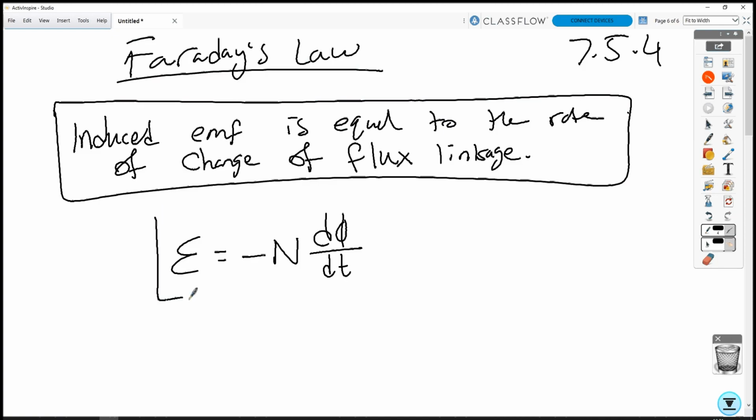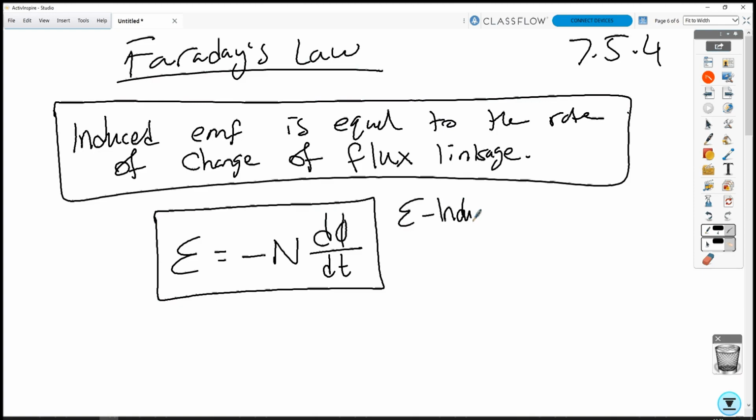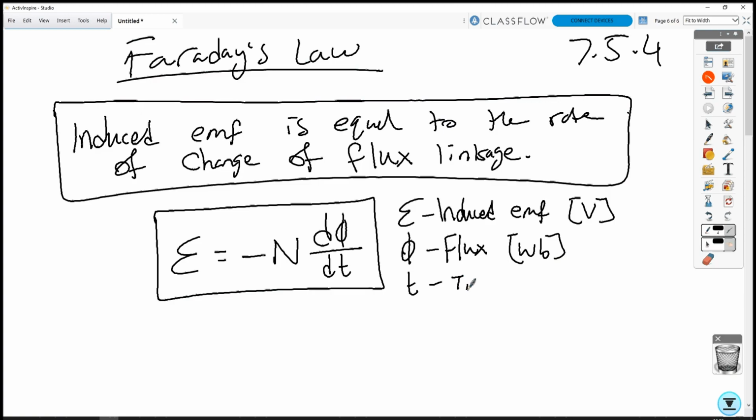So it's minus n d phi by dt. So epsilon is our induced EMF, measured in volts, and phi is flux in Webers, and t is time in seconds.